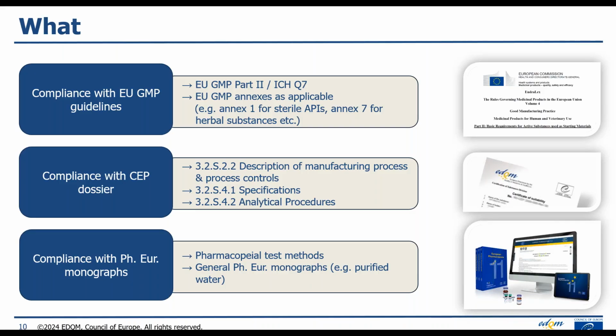So for example, here we would potentially review the batch records against section 3.2.S.2.2, which will be the description of manufacturing process and process controls section of the dossier. And we would also review the analytical procedures and specifications in use at the company against the registered methods and specs or monograph methods as relevant.